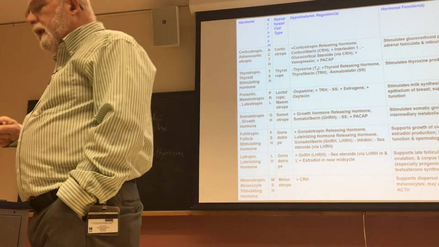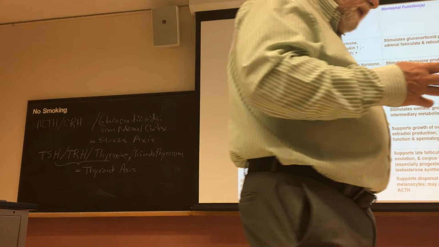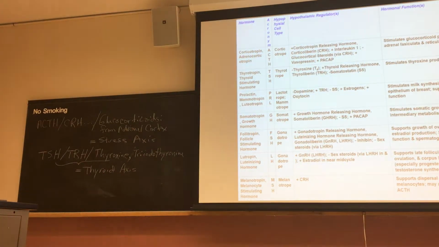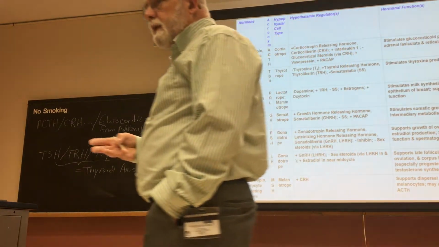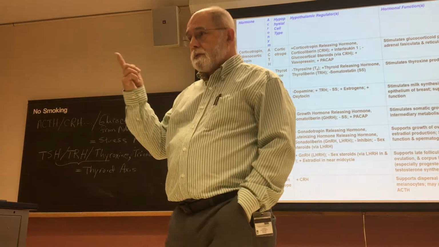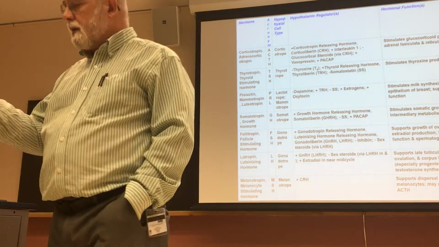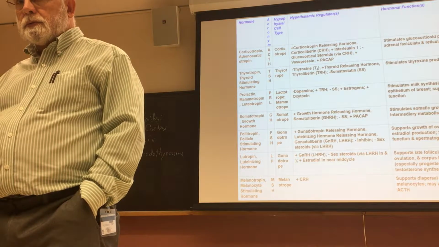You may recall I mentioned there were 4 hormones that were absolutely essential if you were going to put cells into tissue culture and try to maintain them without serum in that culture. One of them was glucocorticoids, like cortisol. Another one was thyroid hormone.